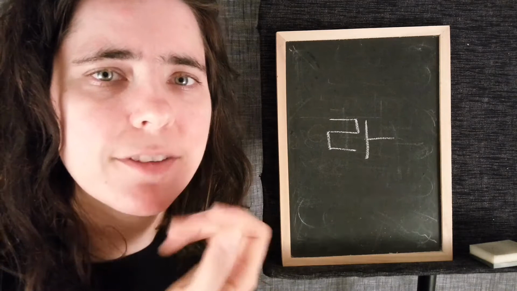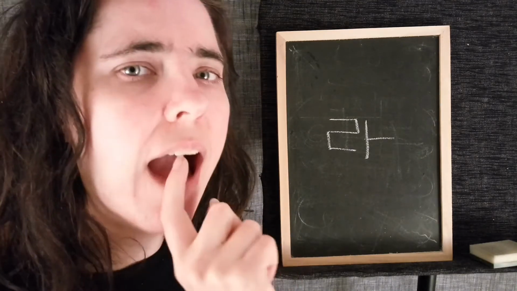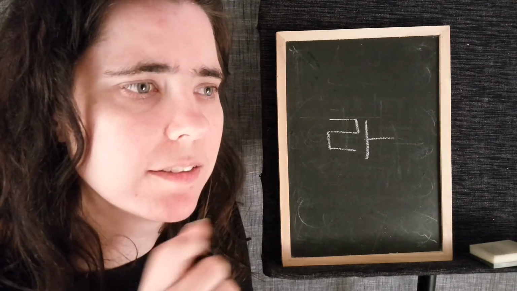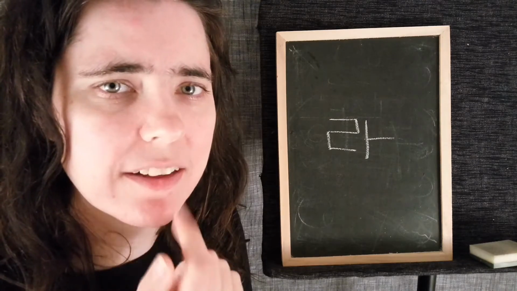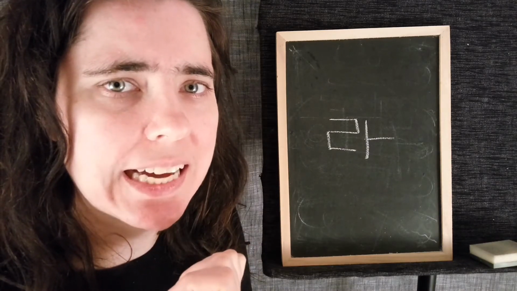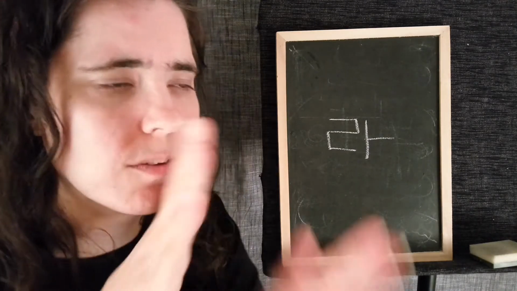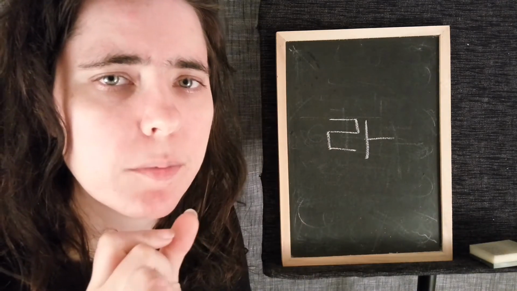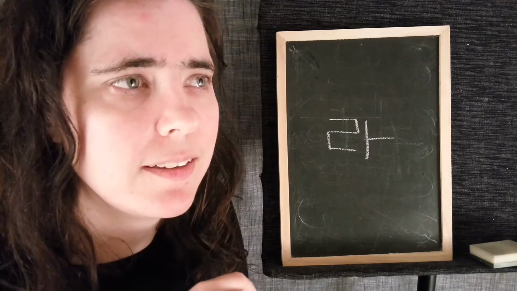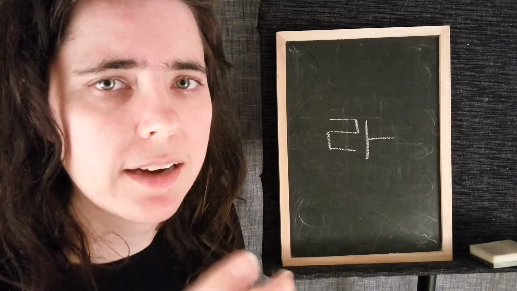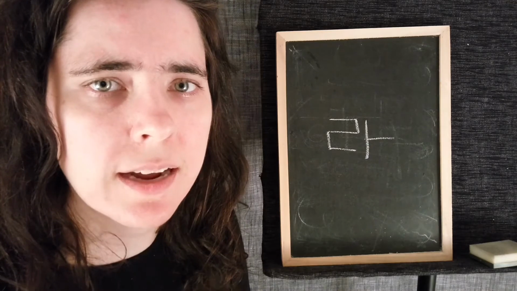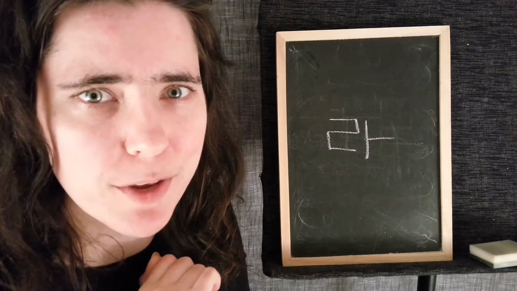So if you want to make this, you want to put your tongue right at the roof of your mouth. With our L and R, we do la or ra way at the back. Just think, what's the halfway point? Put your tongue there. La, la, la. And that's where you want to be.